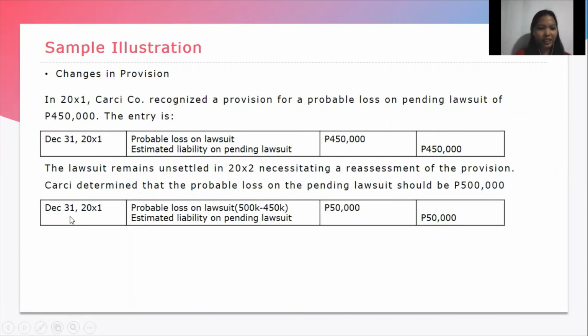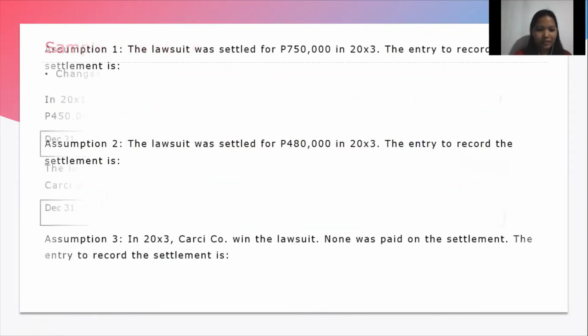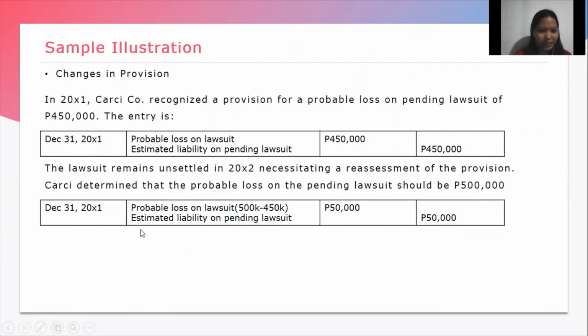So, meron tayo ngayon na entry na debit probable loss and lawsuit, an estimated liability and pending lawsuit of 50,000 pesos, which is yung difference ng 500,000 and 450,000 na i-recognize na natin. I mean, this is supposed to be December 31, 20x2.